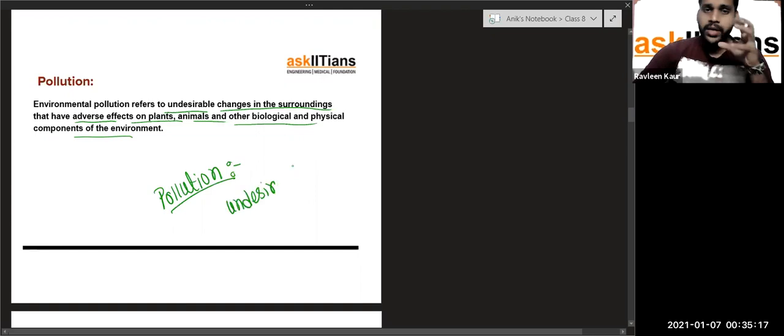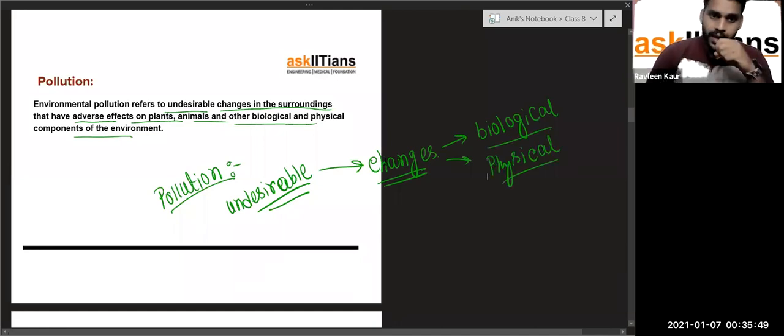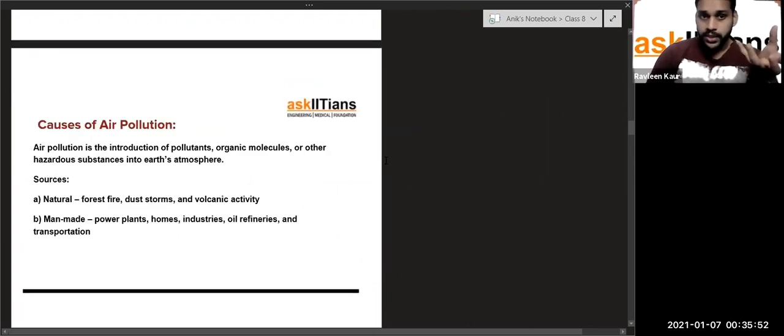Undesirable changes are occurring in our surroundings, and it is harming both our biological and physical components. Okay, so this is known as pollution. It can happen due to the addition of different types of things in the air and the water, or due to a change in the compositions or something like that.